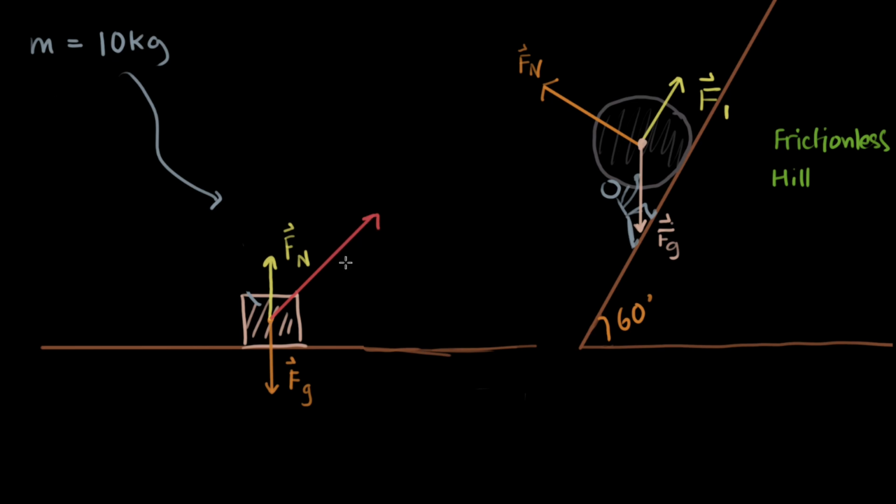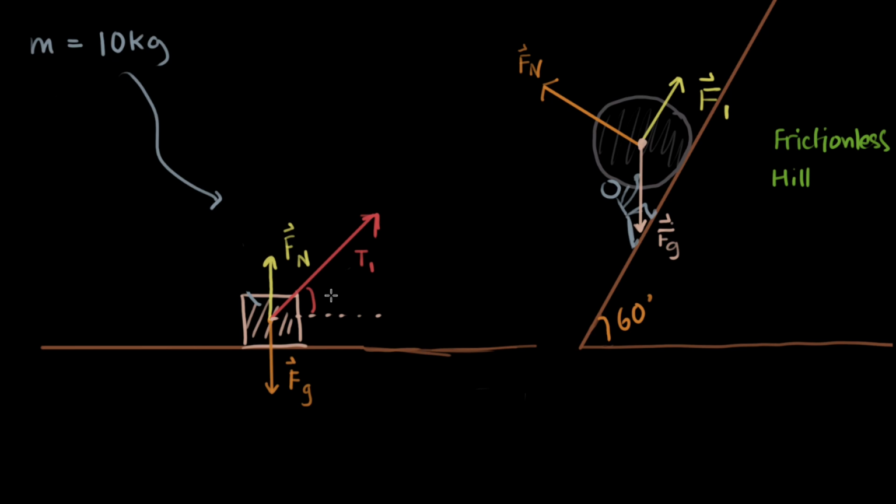This is a rope and it has a tension, which is also a kind of force, which acts away from the object, because it's pulling. Let's call it tension force T1.